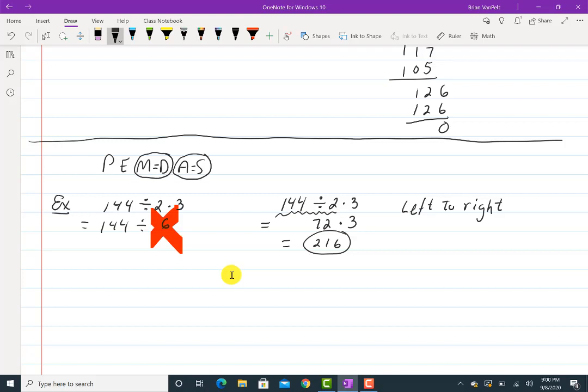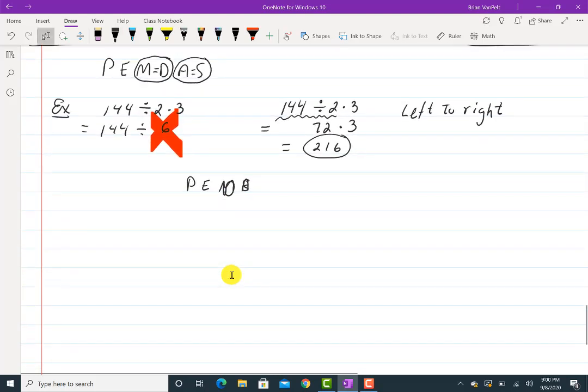Instead, what I typically write for my students is this. I put the D and the M over top of each other, and I put the A and the S over top of each other. So that if I were to see 144 minus 2 plus 3, I wouldn't do 2 plus 3 first. I would do the subtraction first and get 142, plus 3 would equal 145.